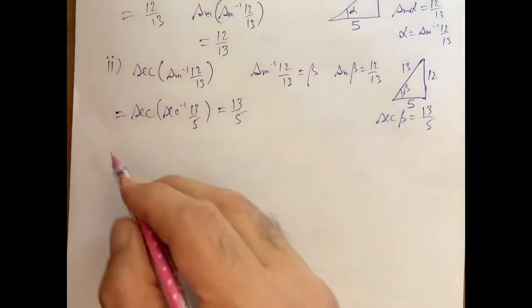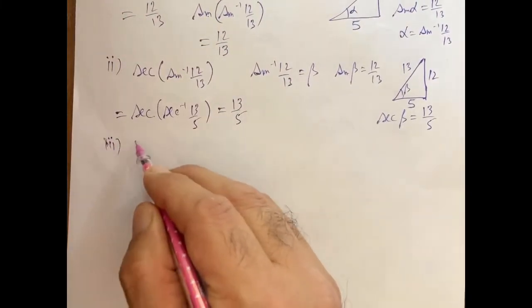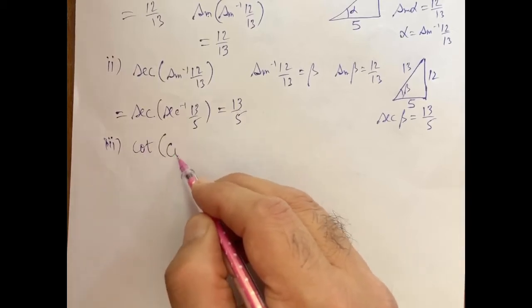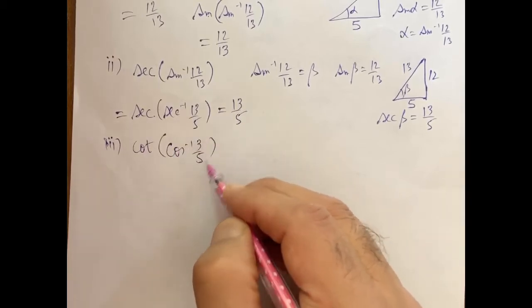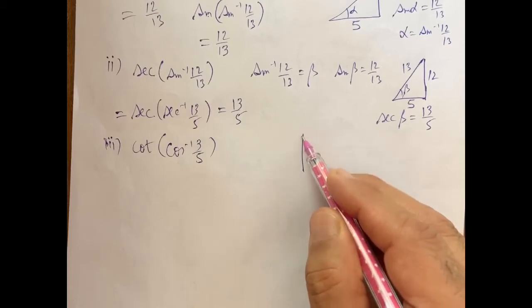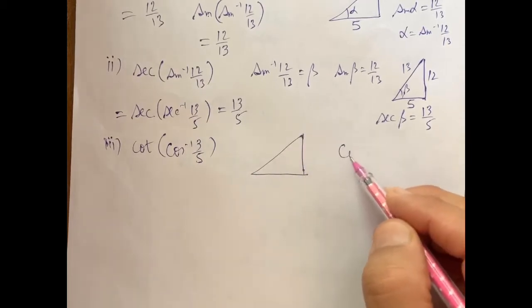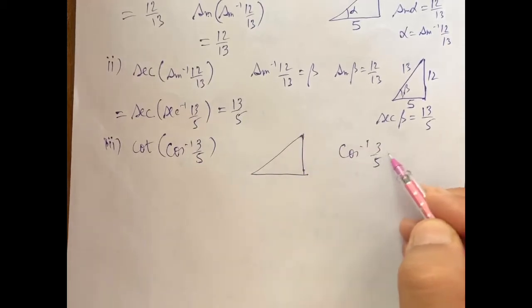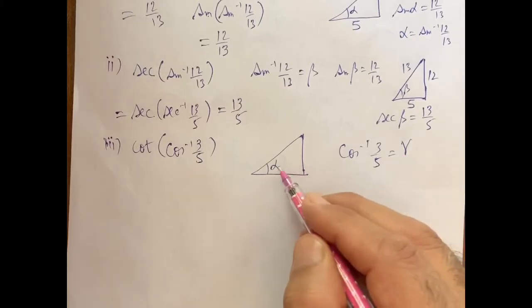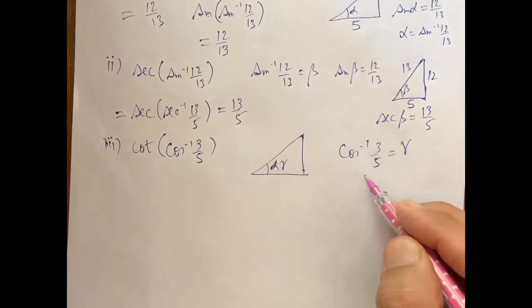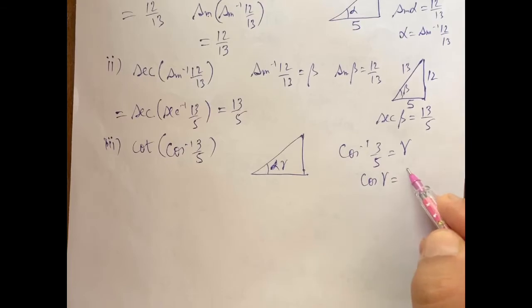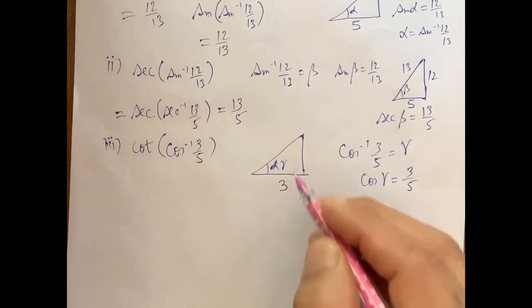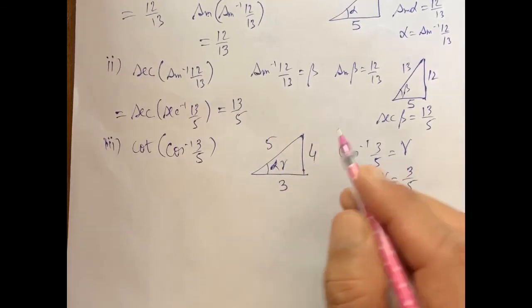Next, we have to evaluate cot of cos inverse of 3 by 5. Let's say cos inverse of 3 by 5 is angle gamma. So this means cos of gamma is 3 by 5. So this is 3, this is 5, this will be 4.